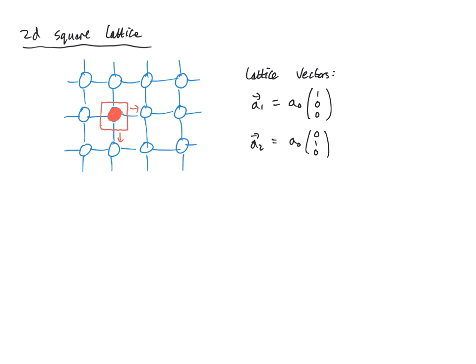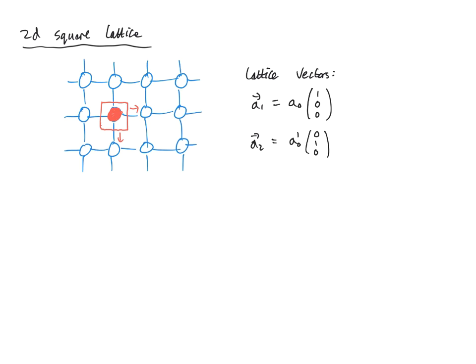Of course, I could imagine not a square lattice, but a kind of rectangular lattice in which the distance along the x-axis between neighbouring cells was different from the distance along the y-axis between neighbouring cells. Then I would just put in a prime here, for example, or I would say A0x or A0y.